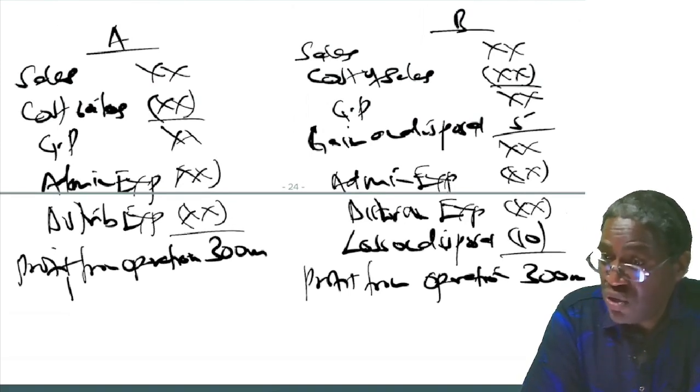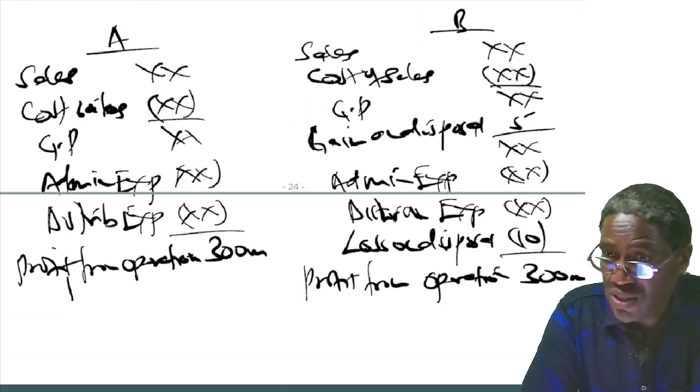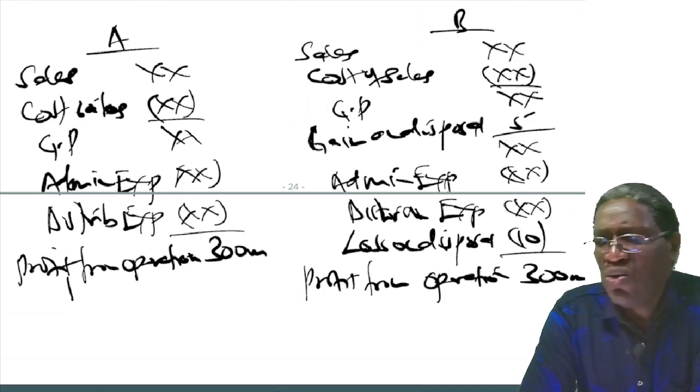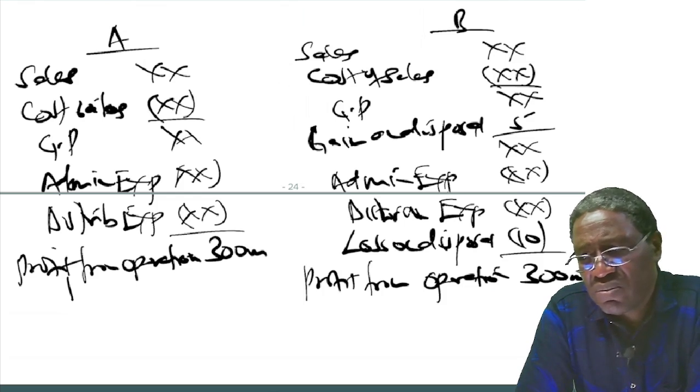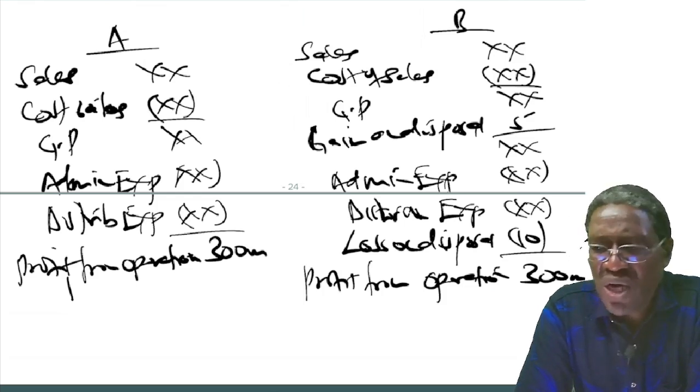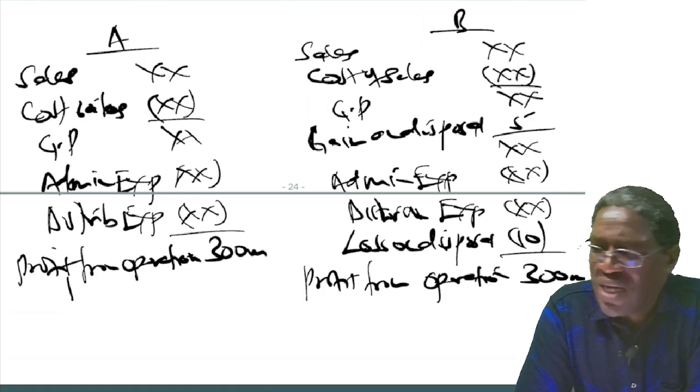They have used the same record. They have got the same profit from operations. But when I look at accountant A, I can't see the gain on disposal for him. When I look at accountant A, I can't see loss on disposal for him. Accountant B has shown me the loss on disposal and gain on disposal.